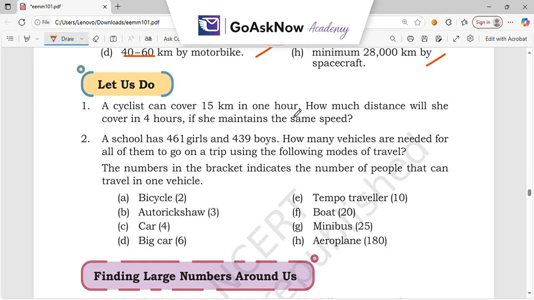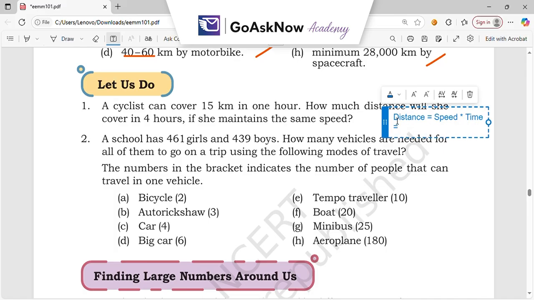Okay, let us do. A cyclist can cover 50 kilometers in an hour. How much distance will she cover in 4 hours if she maintains the same speed? Now let us calculate for 4 hours. Distance equals speed into time, which is the formula.